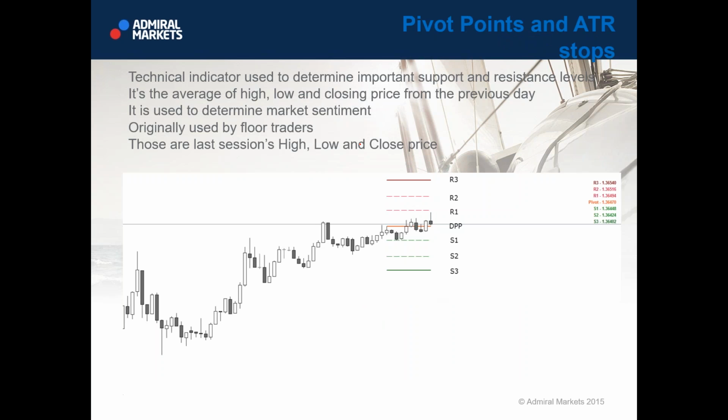It's usually the average of high, low, and closing price from the previous day. It is used to determine market sentiment. It was originally used by floor traders, and those are last session's high, low, and close price. All pivot points share some sort of calculation.